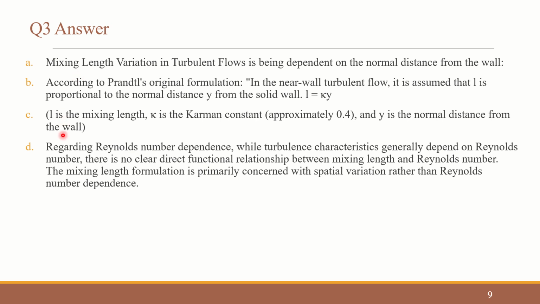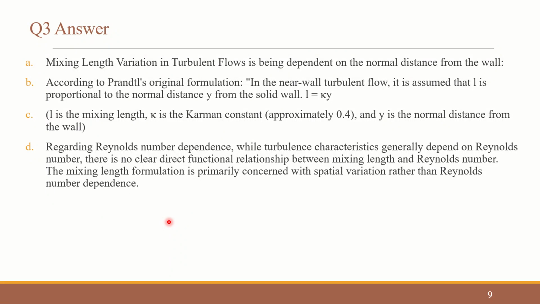So regarding the other two things, one was fluid viscosity. We know that mixing length was not proportional to the fluid viscosity. One more thing we had was Reynolds number. While turbulence characteristics generally depend on Reynolds number, we calculate the flow criteria based on it.